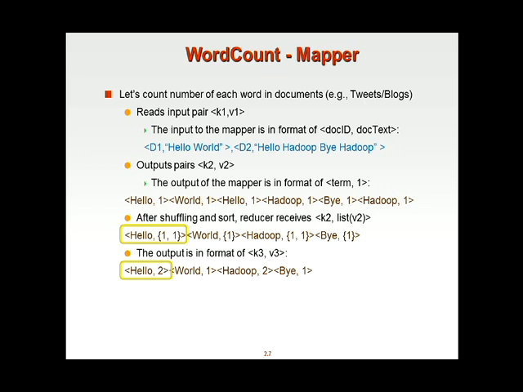Now you can think about if you have a huge number of documents. Now we have only two, but you may have a lot of documents, and this can be done in parallel. It depends on how many computers you have in your cluster. At the same time, each worker node will do some map jobs, process some documents, and generate some intermediate results like this.